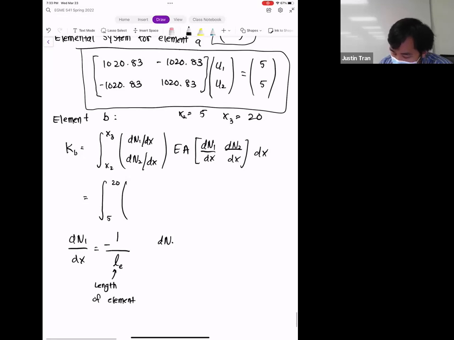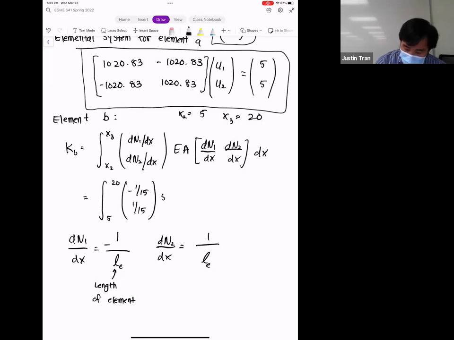Similarly, dN2/dx is equal to 1 divided by the length of the element, positive. The length of this element is just the difference between its two coordinates, so 20 minus 5. And so dN1/dx is going to be minus 1 over 15, and dN2/dx is going to be a positive 1 over 15.